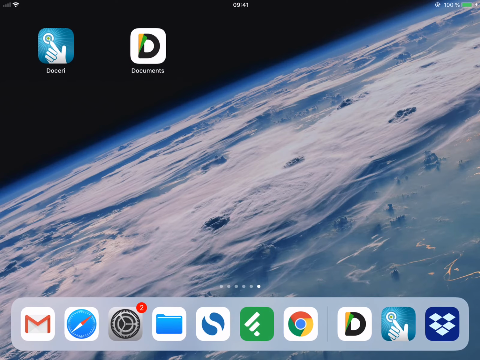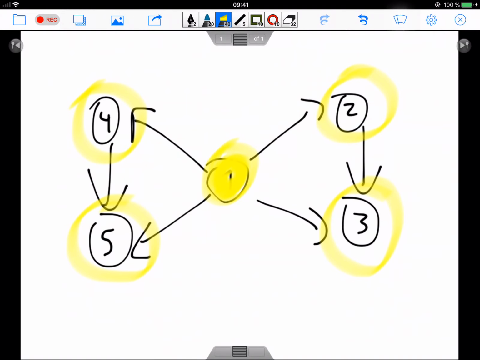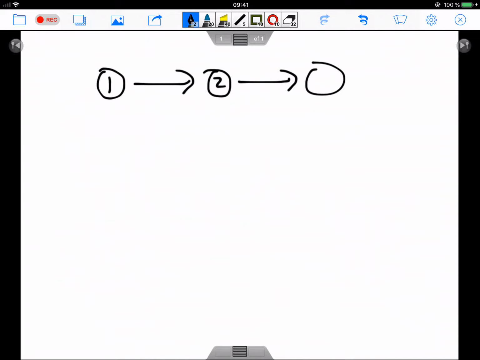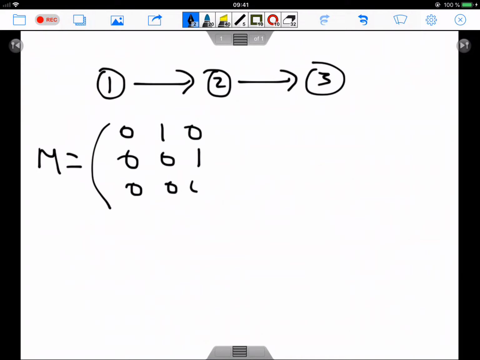Let me give you an example, and you will see that we can do this in general. Okay, so let's draw a very simple example. Imagine that we have this graph here, 1, 2, and 3, and the adjacency matrix of this graph is 0, 1, 0, because we have an edge from 1 to 2, 0, 0, 1, because we have an edge from 2 to 3, and 0, 0, 0.